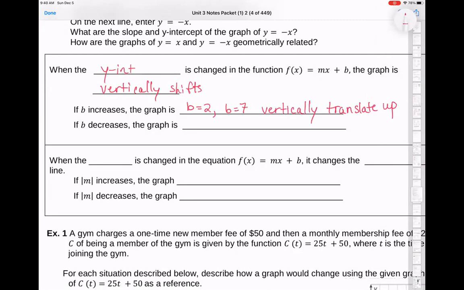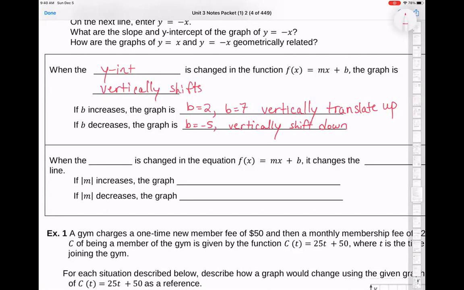But if b decreased, so that was when we saw b to be -5, that is where our vertical shift was down, or you could use translate too. They mean the same. So that b value pretty much controlled our graph going up or down, depending on the value for b.